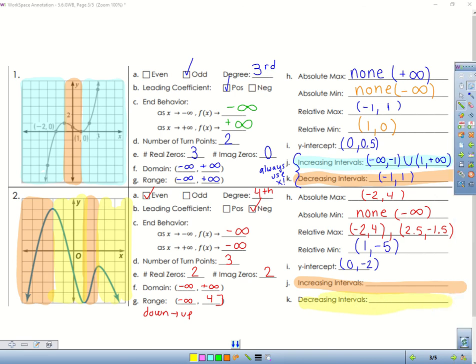Okay. So, it's increasing from -infinity until we get to -2. Union, it starts increasing again at 1 and stops increasing at 1.5, yeah, 1.5ish.